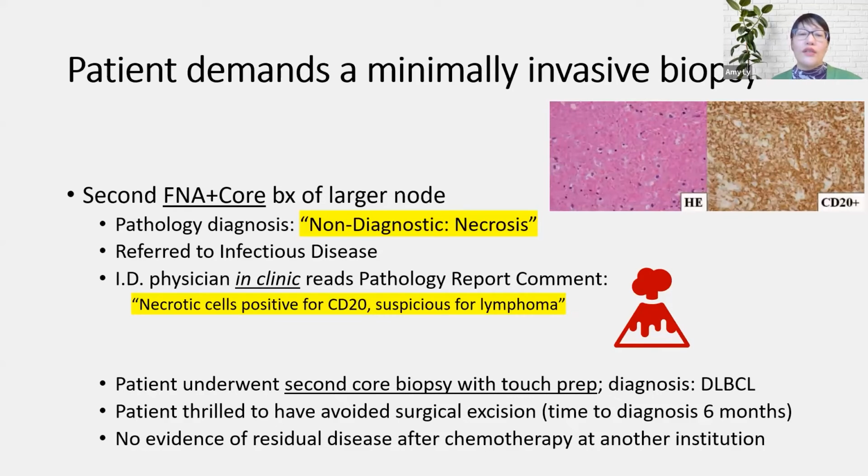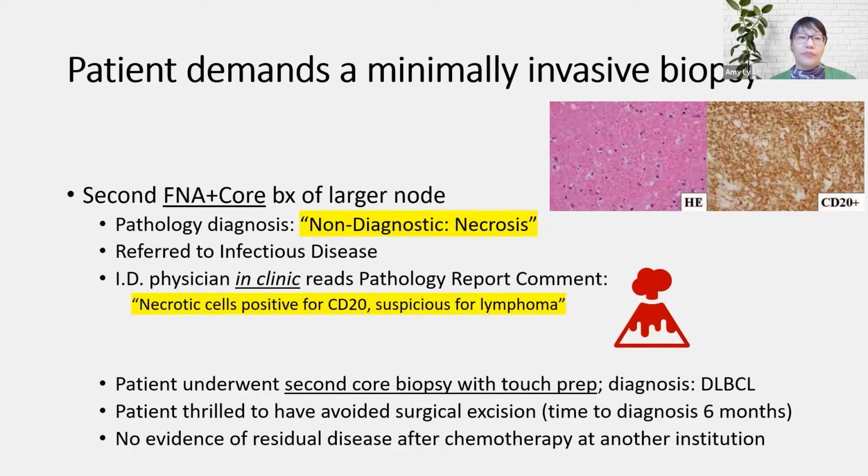So she underwent a second core biopsy just to get some non-necrotic areas and diagnosed with DLBCL. She went on to chemotherapy. She avoided surgical excision. Took her 6 months to get a diagnosis, but she is now free of disease after getting chemotherapy.